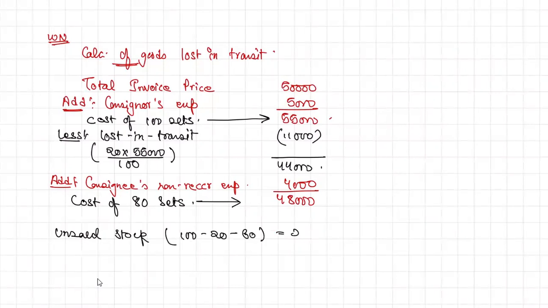So in all total 20 sets. Now value of unsold stock will be, when 80 sets cost 48,000, so what will 20 sets? Correct. Unitary method. 48,000 into 20 divided by 80. 12,000.